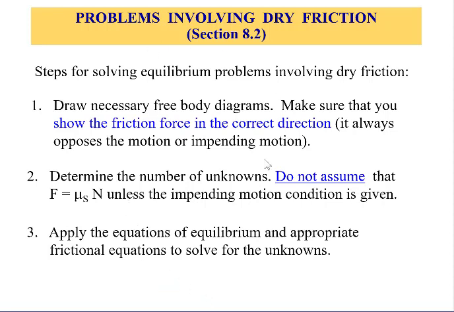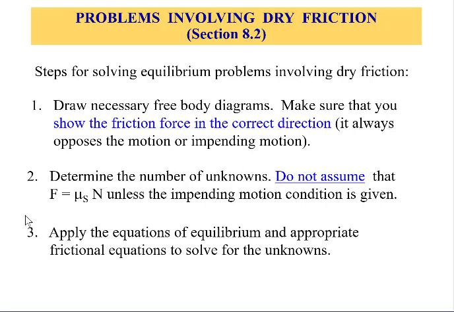In general, the procedure that I recommend you follow is first to draw the necessary free body diagram. This involves showing all the friction forces in the correct direction, which is always opposite to the motion or the impending motion.